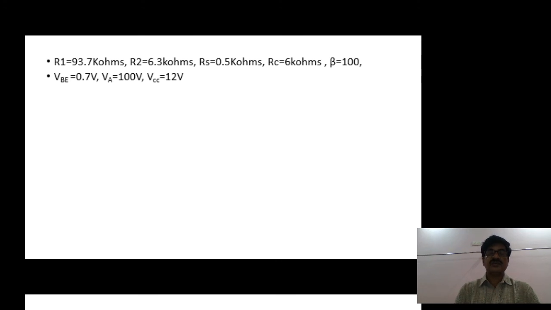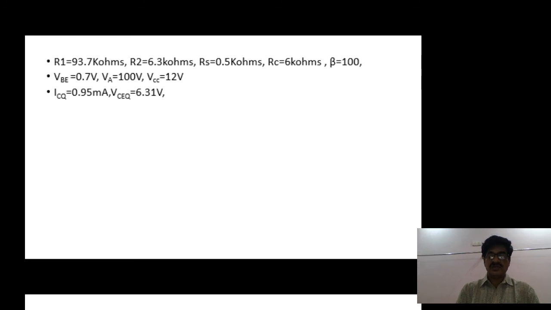First of all, you need to calculate the quiescent collector current and collector to emitter voltage. Based on the voltage divider biasing, the quiescent collector current is 0.95 milliamperes, whereas VCEQ is 6.31 volts.